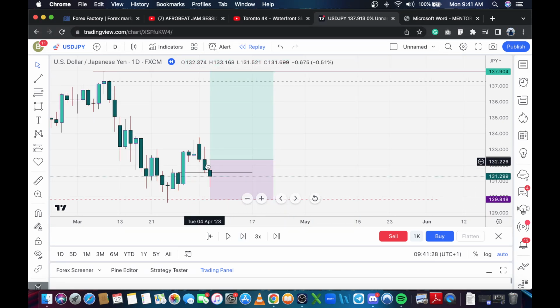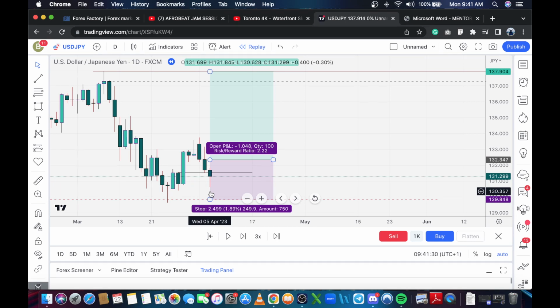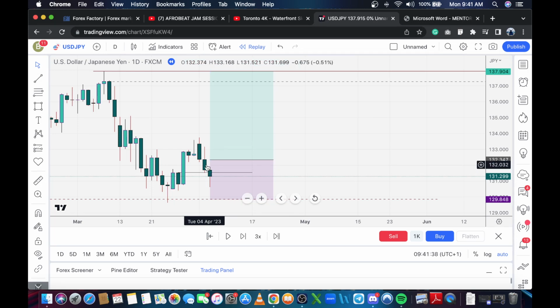Now this happened. Now what you're going to do here is, do you keep your stop order at the same candle? The answer is no. You don't keep your stop order at the same candle, which is this one, because we have a new down candle.